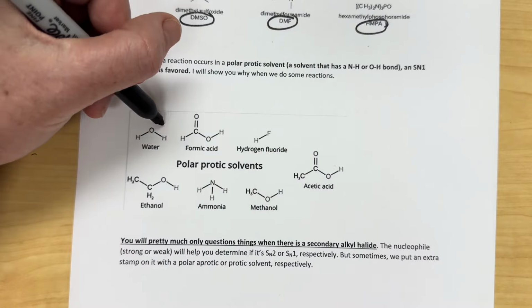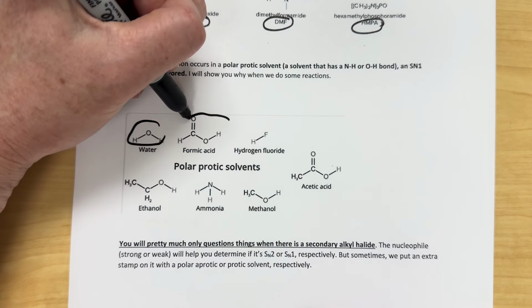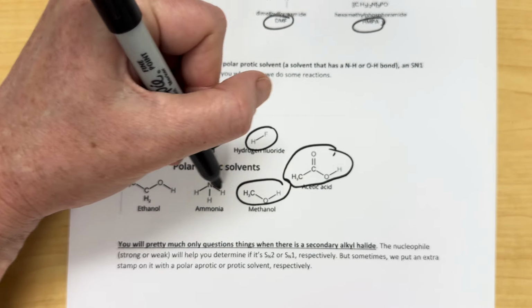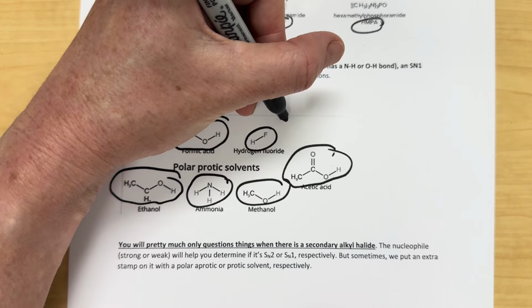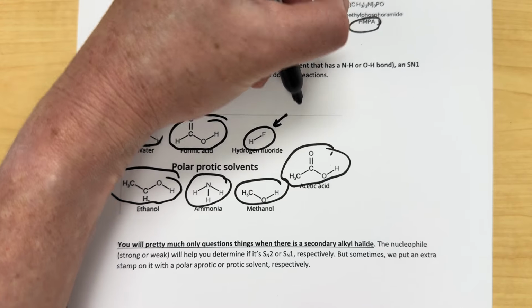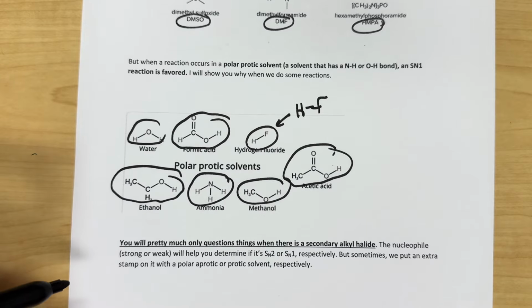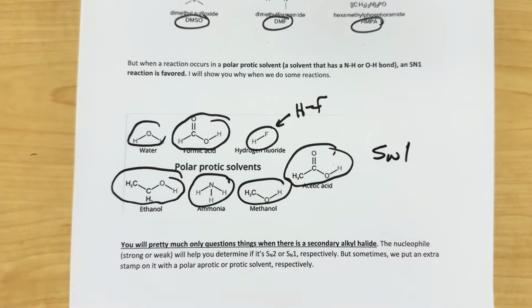And down here, we'll actually draw them out. I might say water, but usually you'll actually have it drawn out, so you know if there's going to be hydrogen bonding. This is pretty much the main case. If we have HF, that's still hydrogen bonding, but it's very rarely encountered. Okay, so these will all occur via SN1.